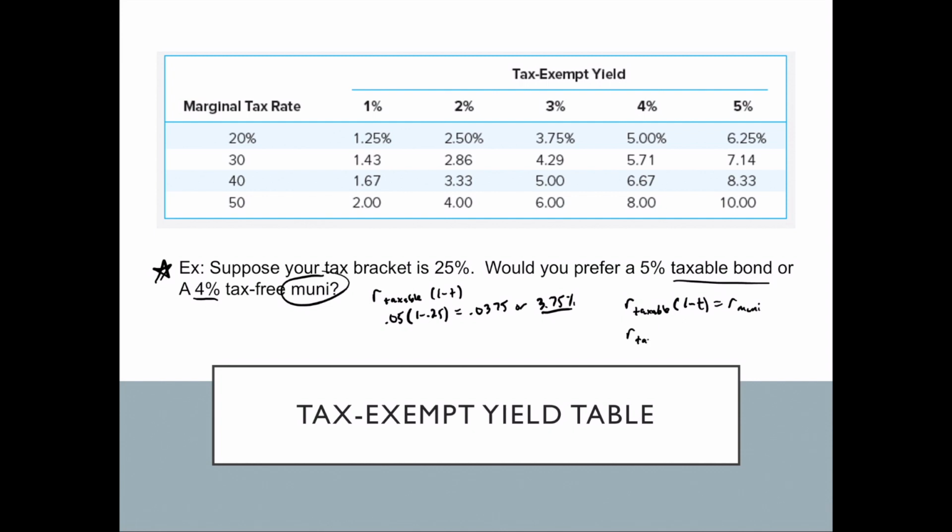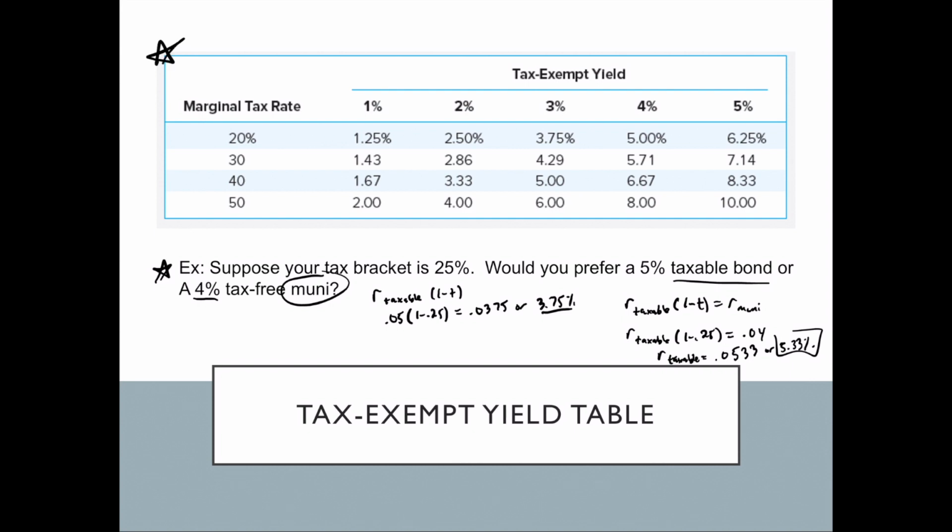So we are solving for this. We know our tax rate is 25%, and we can see that the return on the muni was 4%. If I divide both sides by 0.75, the return on the taxable pre-tax, in order for us to be indifferent, would have to be 0.0533 or 5.33%.